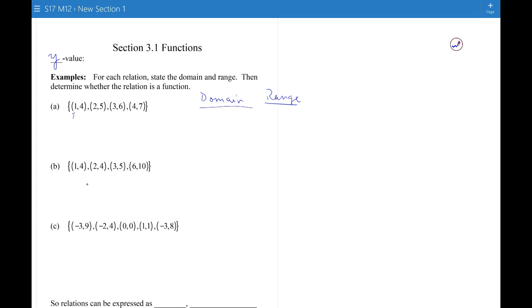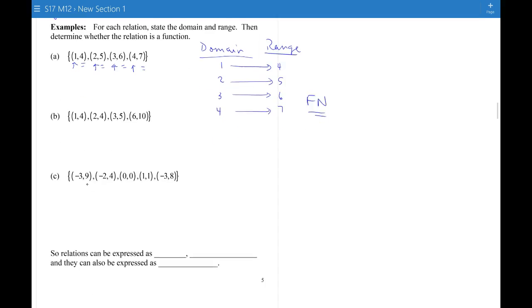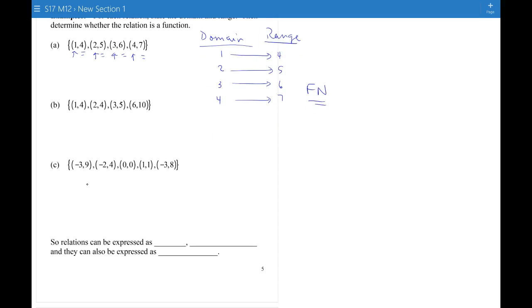The domain is all the first items in the ordered pair, so 1, 2, 3, 4. The range is the second items, 4, 5, 6, 7. 1 is associated with 4, 2 is associated with 5, 3 with 6, and 4 with 7. So this is a function. So let's do the next two in class and talk about them.